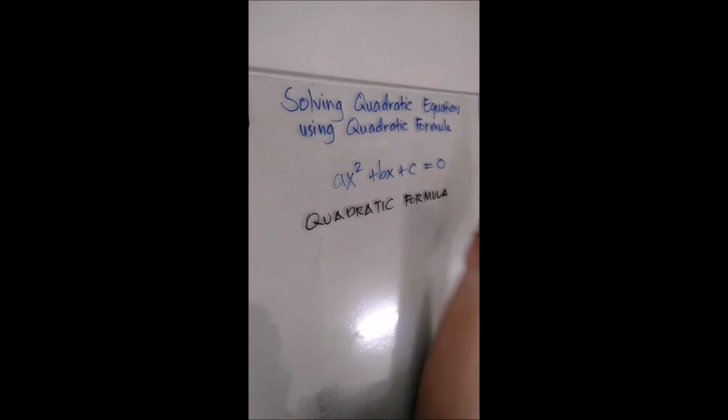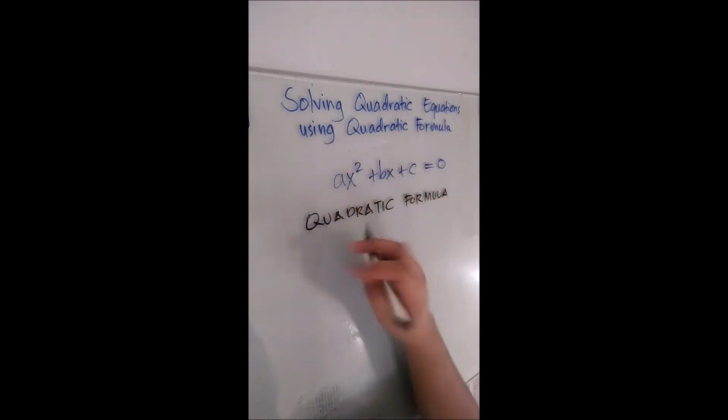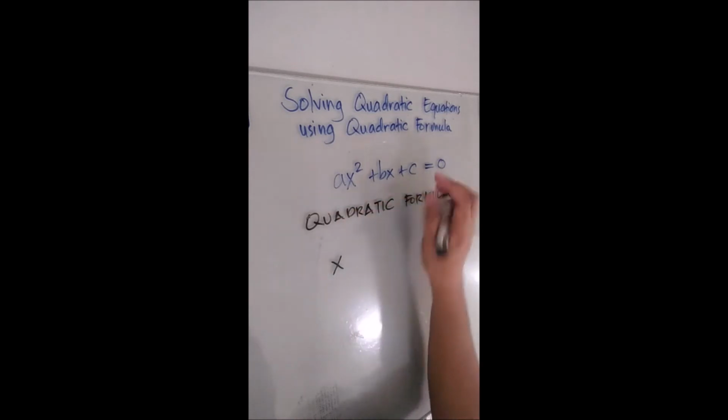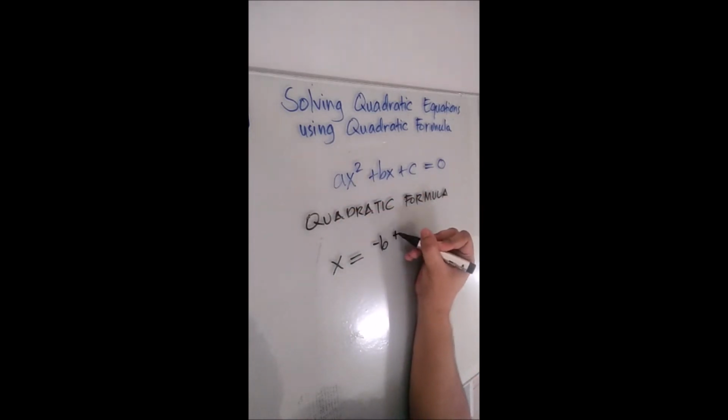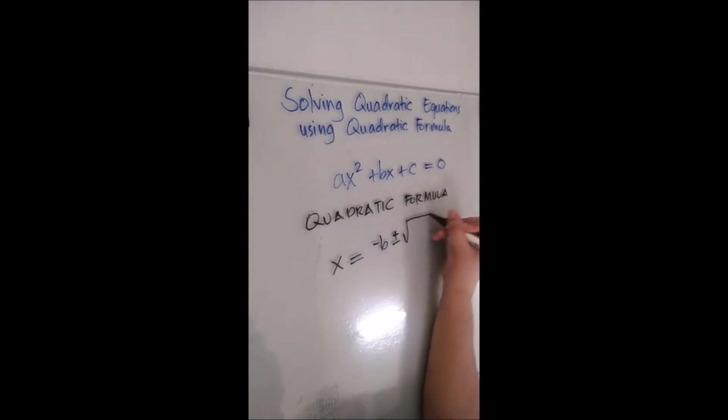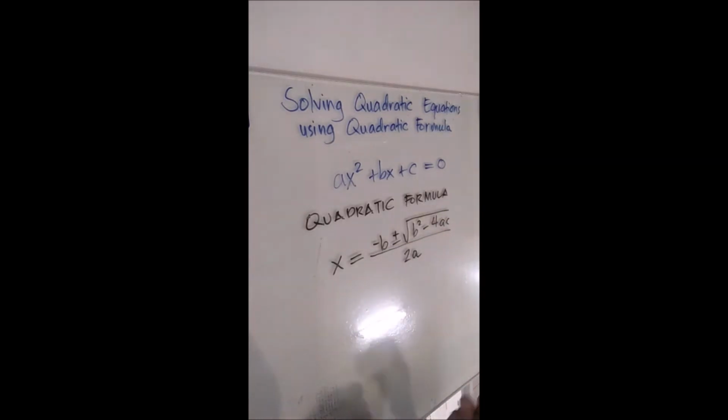We solve for x, so this is your variable. x is equal to negative b plus or minus the square root of b squared minus 4ac, all over 2a.